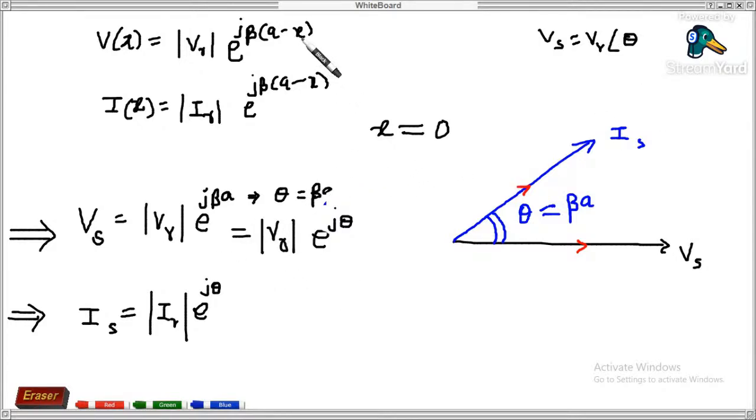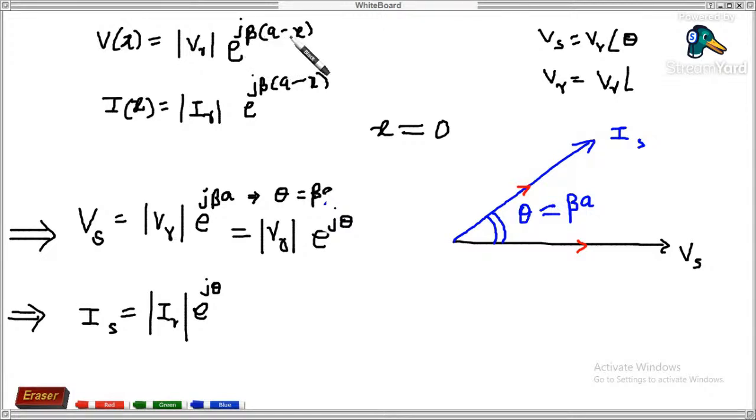in this equation? What if I put x equal to a? It is the receiving end voltage. Magnitude किती है? Again same VR. V of x becomes VR. Magnitude is VR at an angle a minus a is 0.